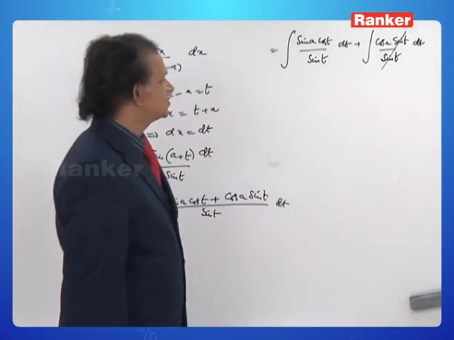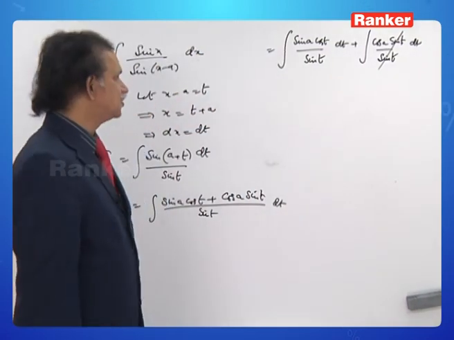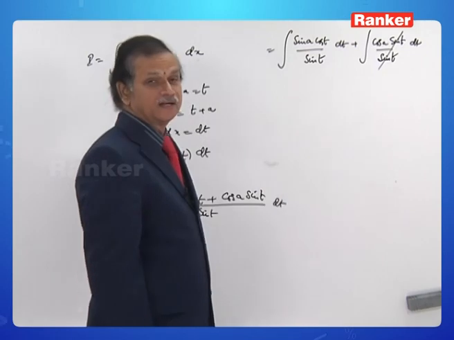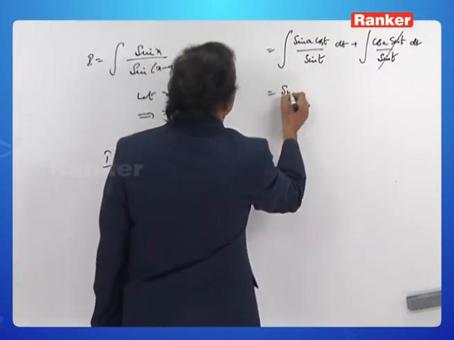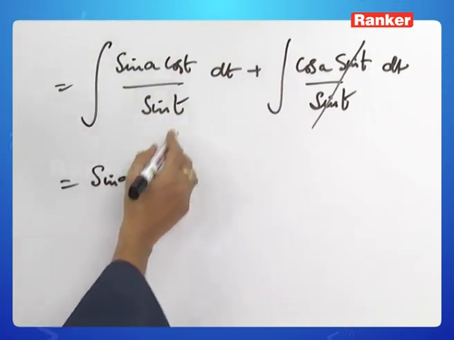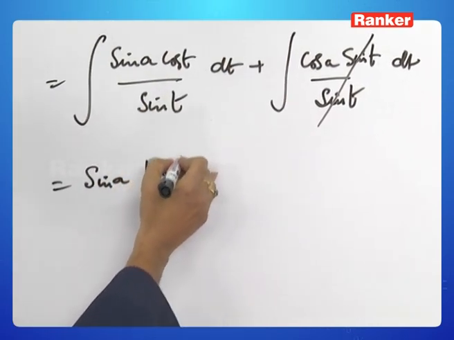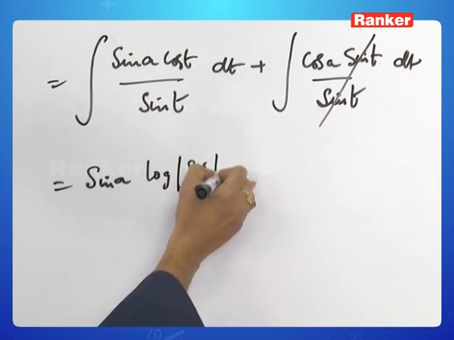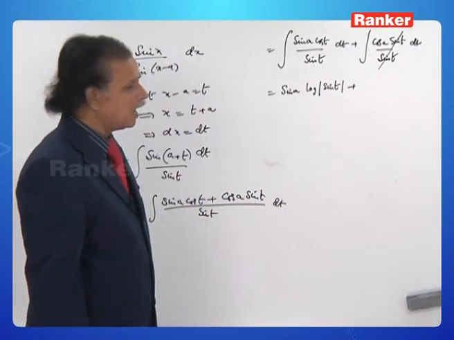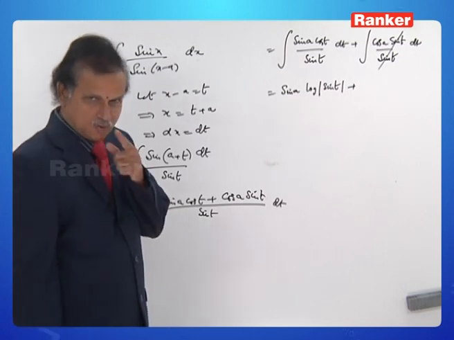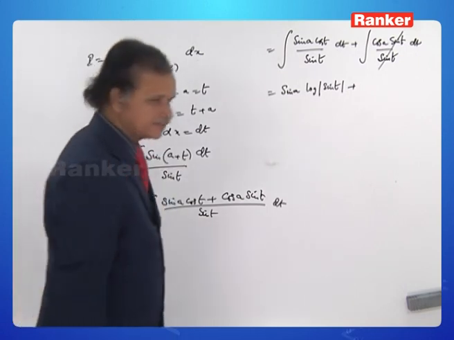In the second part sin t can be cancelled, and in the first part cos t by sin t becomes cot t. You pull sin a out, it looks like f dash t by f of t. It's nothing but log mod sin t. Plus, if you pull cos a out, what remains there? Just 1, and its integral is t.